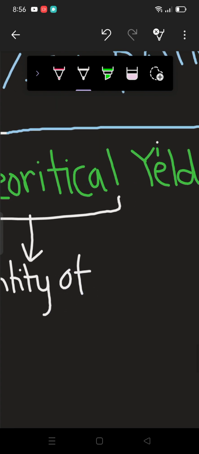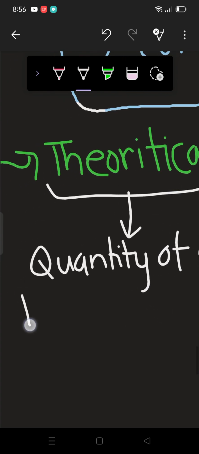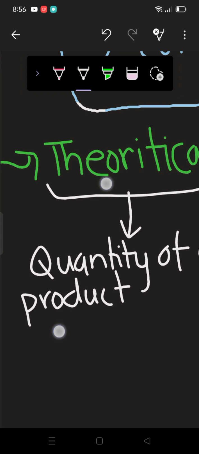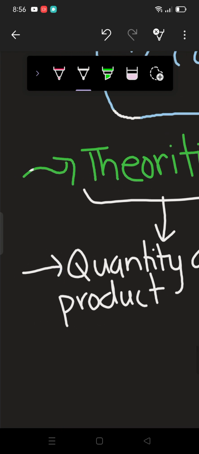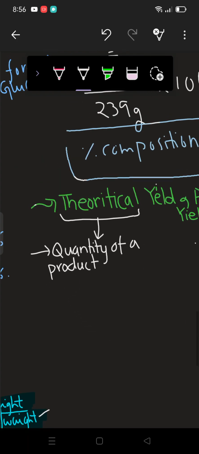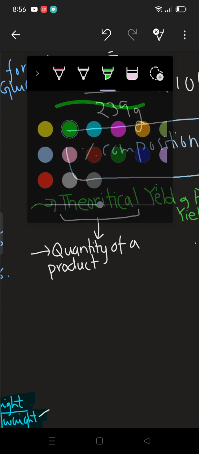Of course, we know that the first step to solve something is to balance the chemical equation. So the quantity of a product which is obtained from the balanced chemical equation is what we call the theoretical yield. All right.